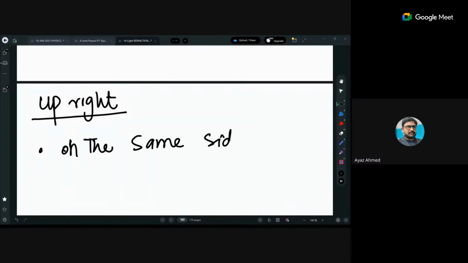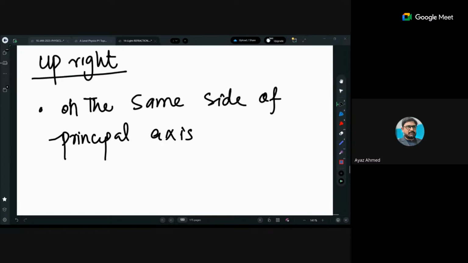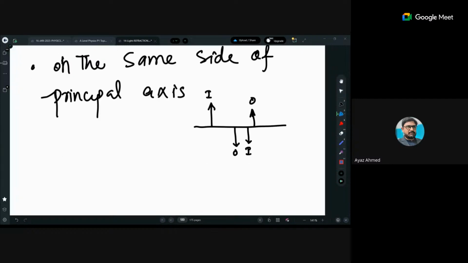If the object and image are both on the same side of the principal axis, whatever that is, that is your upright image. Both can be below, both can be above, but both would be on the same side. This is object, this is image, this is object, this is image, whatever that is, but they would be on the same side. So upright.